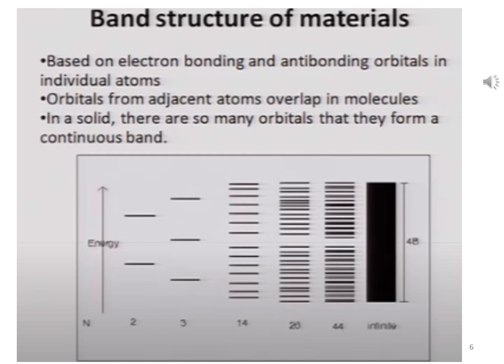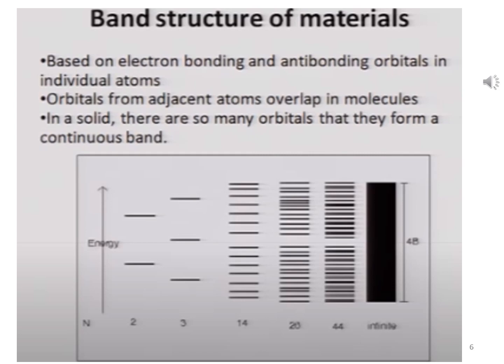If there are three atoms in the material, then three atomic orbitals will overlap and form three molecular orbitals. Similarly, if there are 14 atoms in one material, then they will form 14 energy levels. But the difference between these energy levels will decrease as the number of atoms is increased.